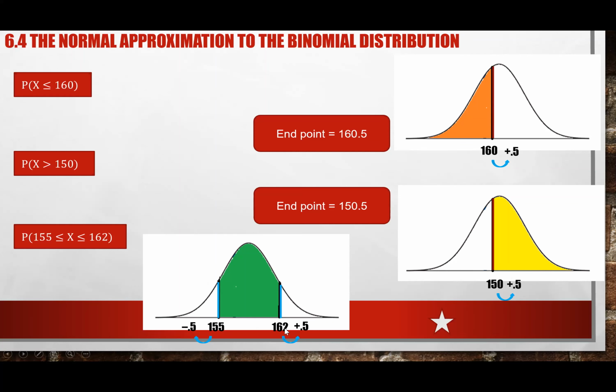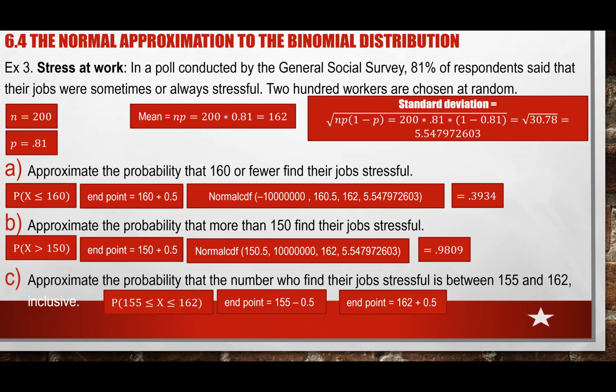So once I make it wider, I go negative on the left. Your endpoints will be 154.5 and 162.5. At the 155, I subtract; at the 162, I add. So the left endpoint is 154.5, the right endpoint is 162.5, the mean is 162, and the standard deviation is 5.54.